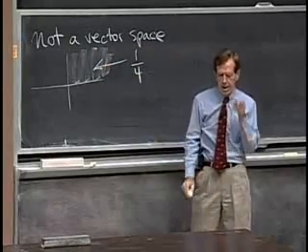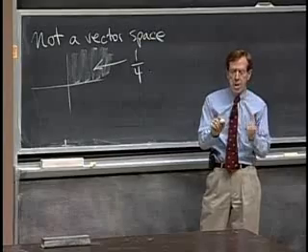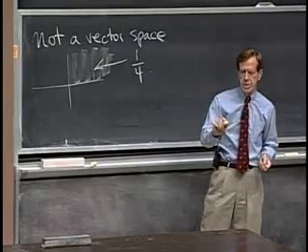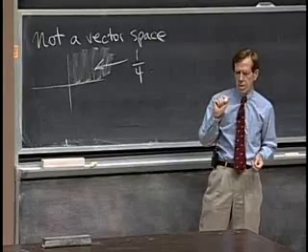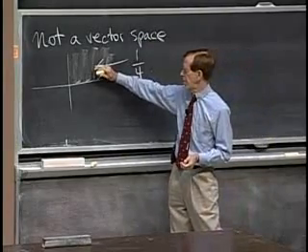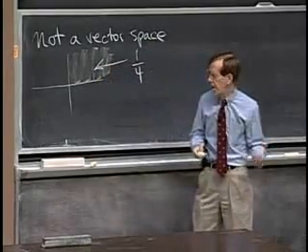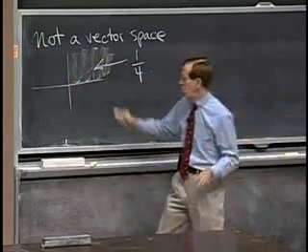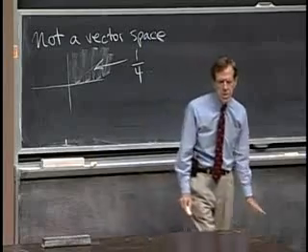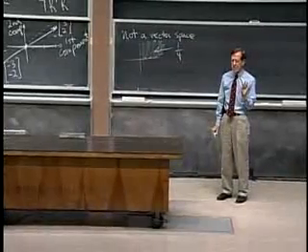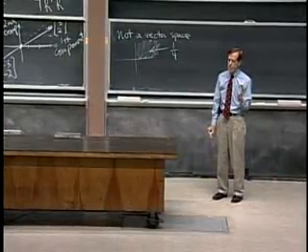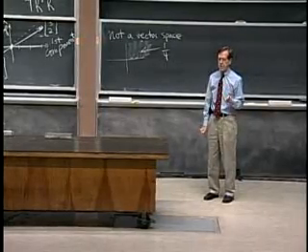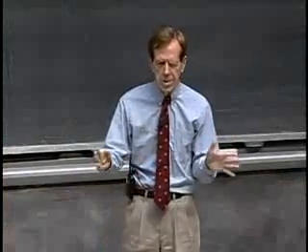No problem with adding. But there's a heck of a problem with multiplying by scalars, because there's a lot of scalars that will take me out of this quarter plane, like negative ones. If I took 3, 2 and multiplied by -5, I'm way down here. So that's not a vector space because it's not closed, is the right word. It's not closed under multiplication by all real numbers.